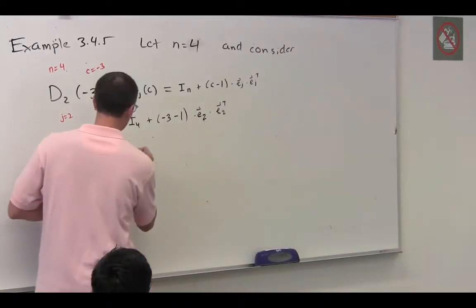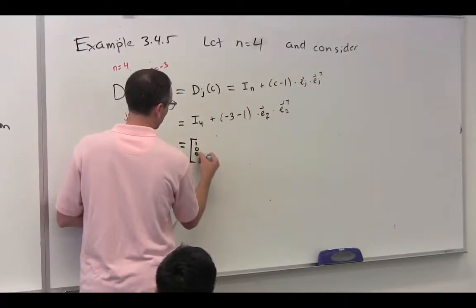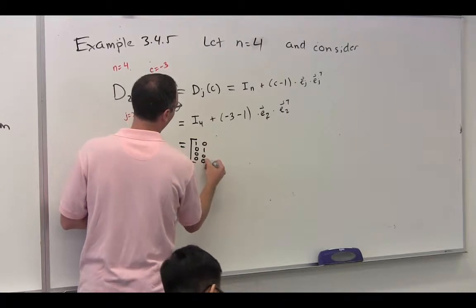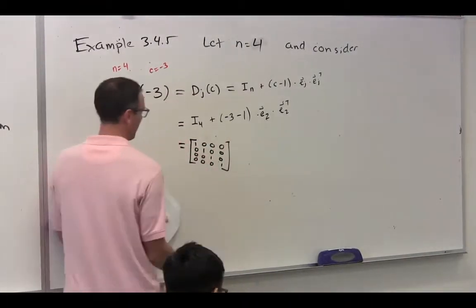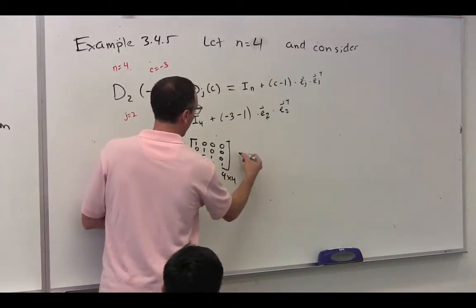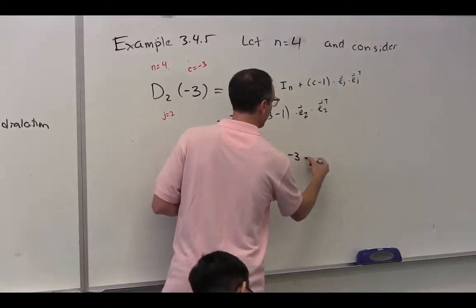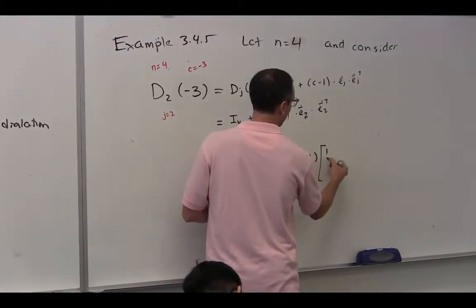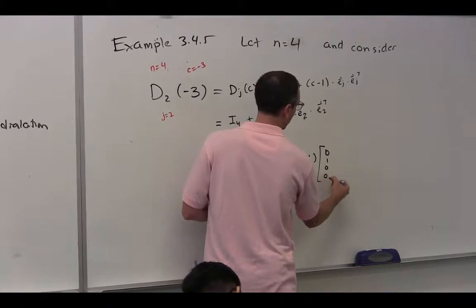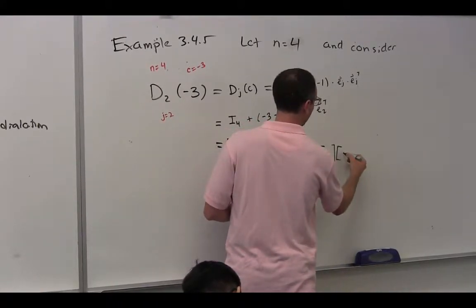What does I4 look like? Please don't be so specific. That's a 4 by 4. All right, now let's go -3 minus 1. What does E2 look like? Okay, what does this thing look like?